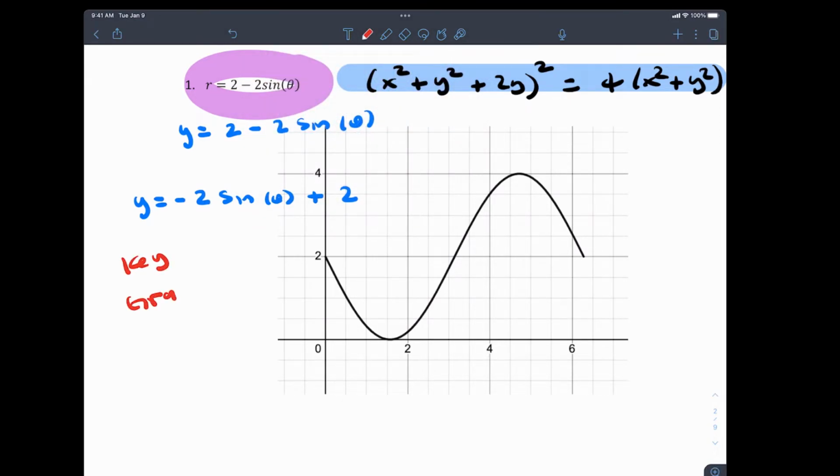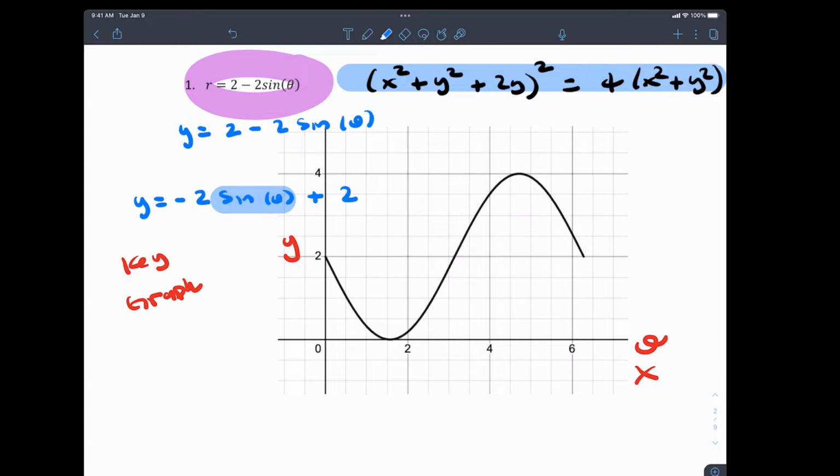Graph this, where this is your theta axis, and this is the y-axis. Or remember, we call that the x-axis here. So it's essentially your sine curve, but the amplitude is 2, but you got that negative sign.